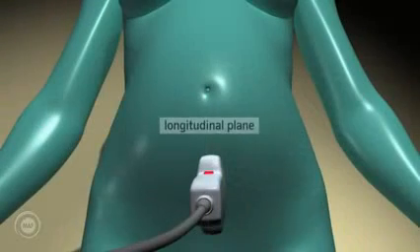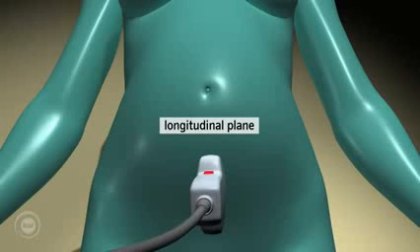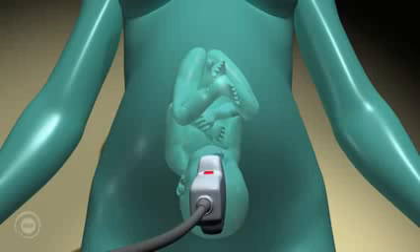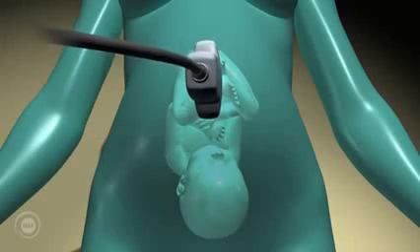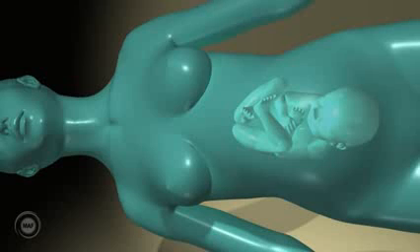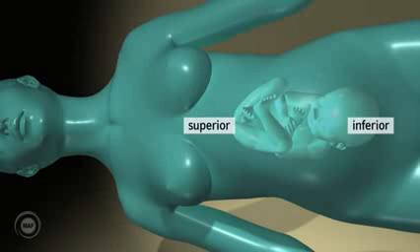If the probe is placed on the mother's pubic bone in the longitudinal plane, one must consider where the dot is on the probe and relate it to the dot on the screen in order to interpret the image. In the longitudinal plane, the left side of the screen represents the superior part of the mother, and the right side represents the inferior part of the mother.